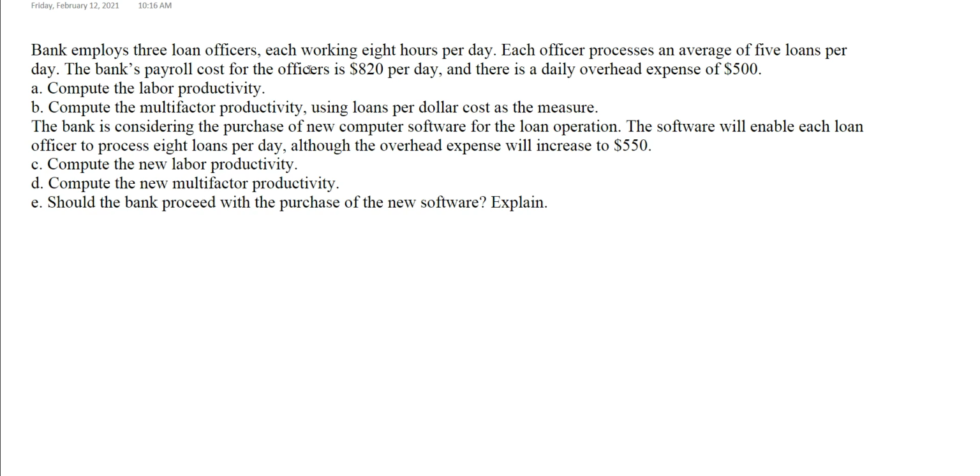Okay, so this is the thing. Now the bank is considering the purchase of new computer software for the loan operation, and the software will enable each loan officer to process 8 loans per day, although the overhead expenses will increase to $550.